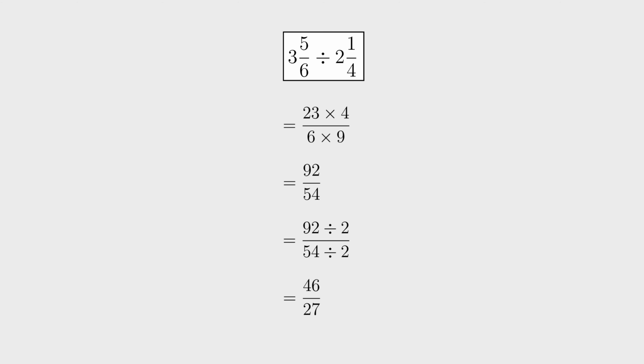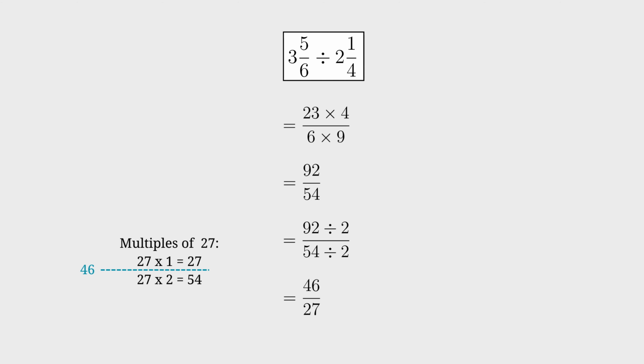Now you have 46 over 27, and this is still not in its simplest form because it is an improper fraction. Improper fraction being the numerator is bigger than the denominator, and we need to change it into a mixed fraction. Here are the multiples of 27, and see that 27 goes into 46 only once.